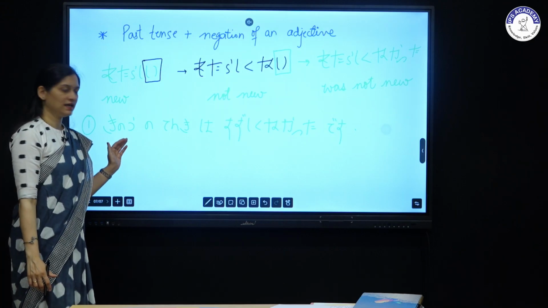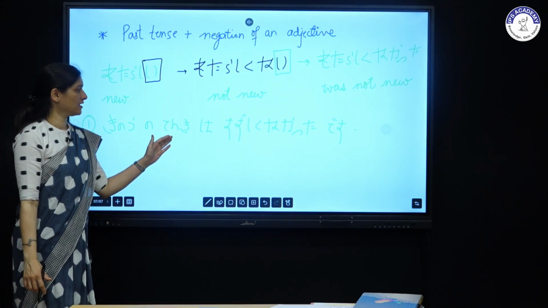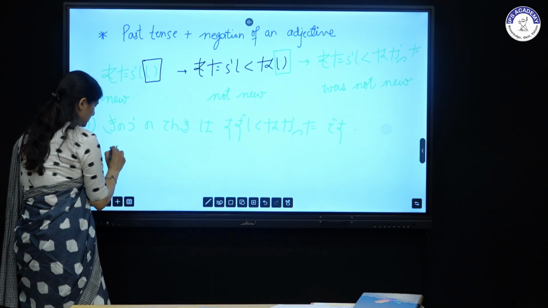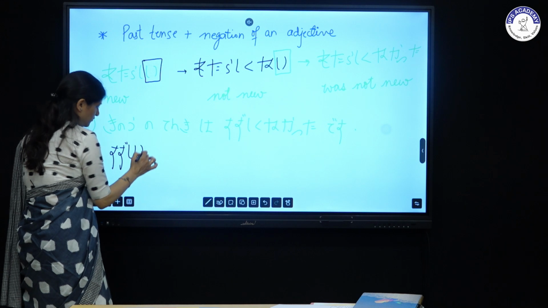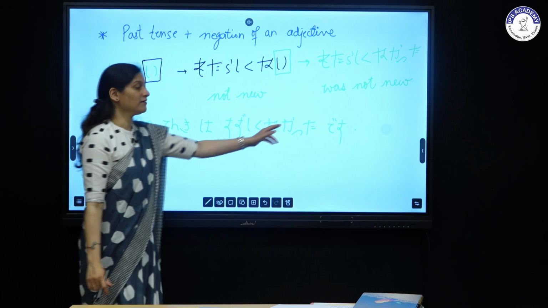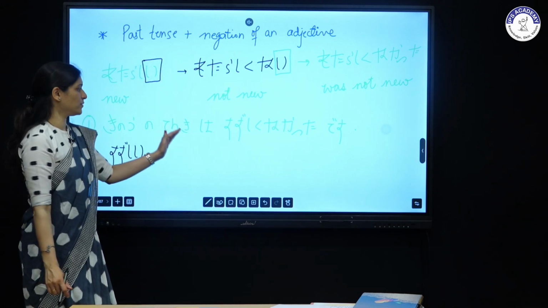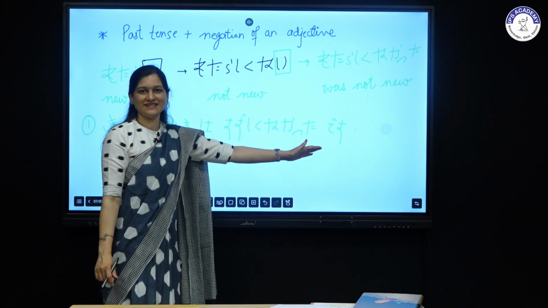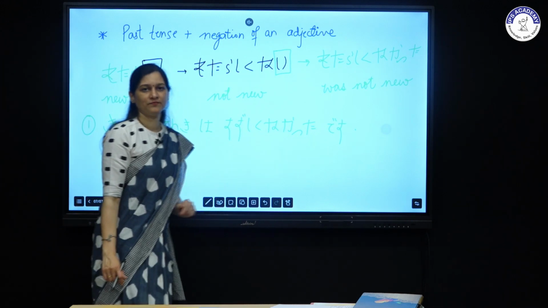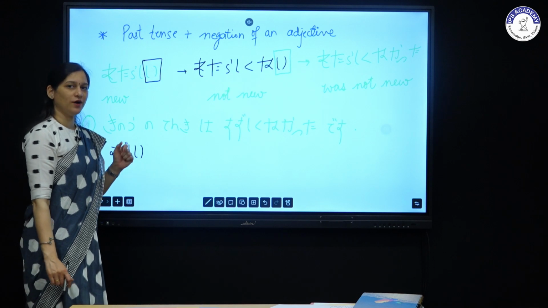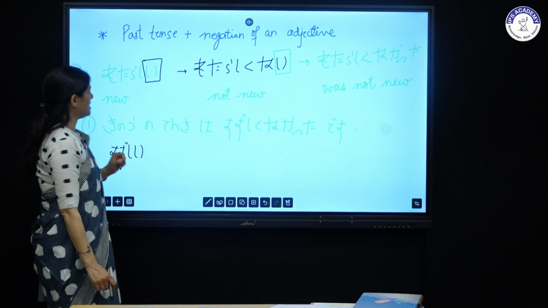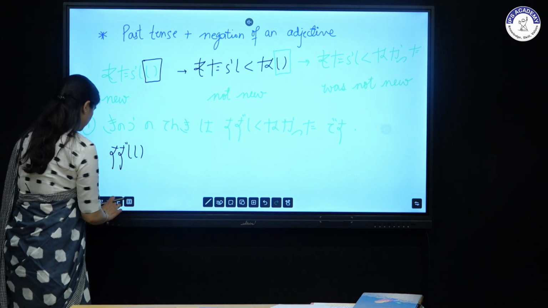Kino is yesterday, tenki is weather. Suzushii is the adjective, which means pleasant. Suzushikunakatta desu. So yesterday's weather was not pleasant. Kal ka weather pleasant nahi tha. So did you get it? How you have to make negation and past tense of an adjective? Yes, we shall see few more examples.